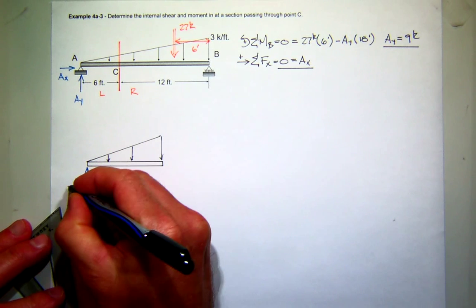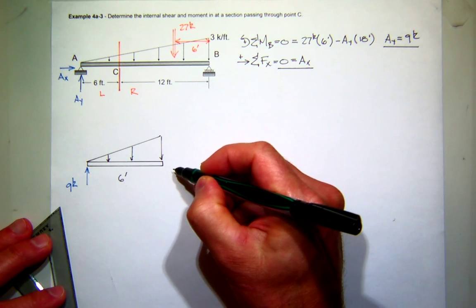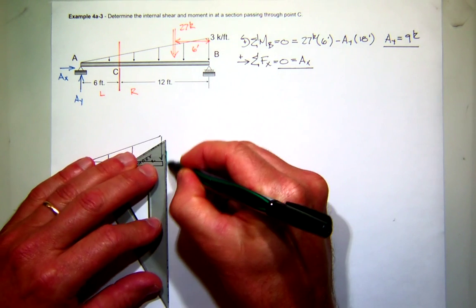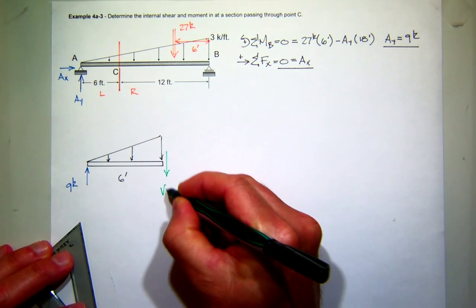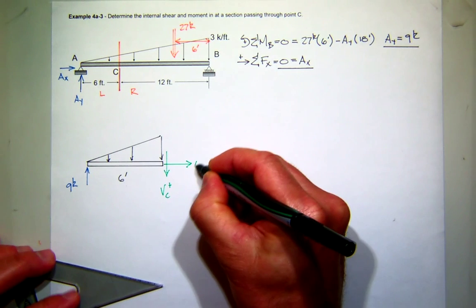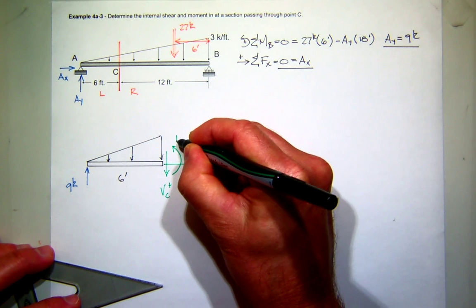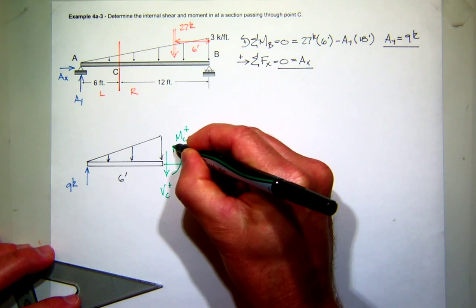That's acting up 9 kips. My internal forces: I'll assume positive shear force, positive axial force, and positive bending moment.